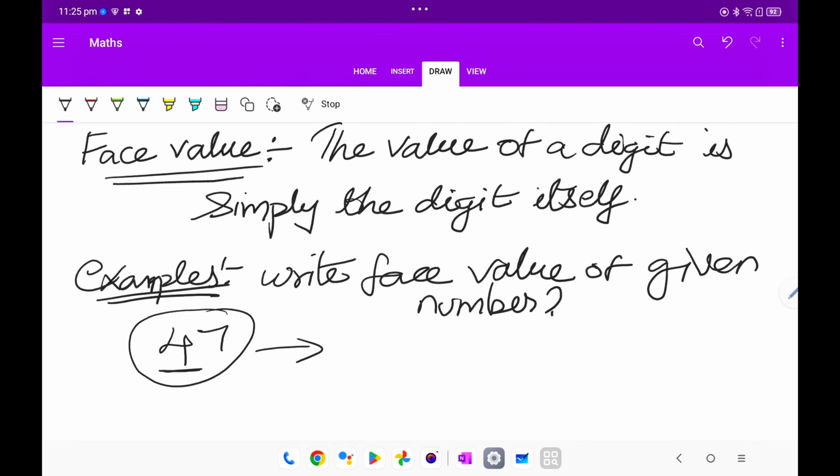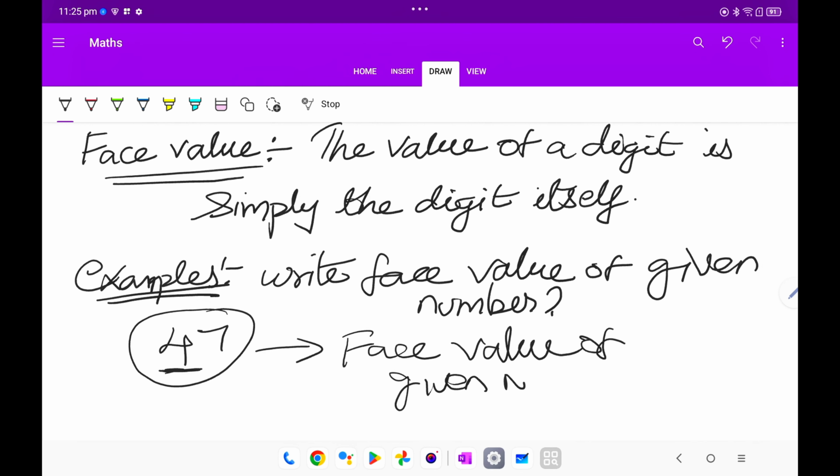Considering the underline, what is the face value of the given number? The given number is 47 but the number which is underlined is 4. So the face value of the given number is 4.